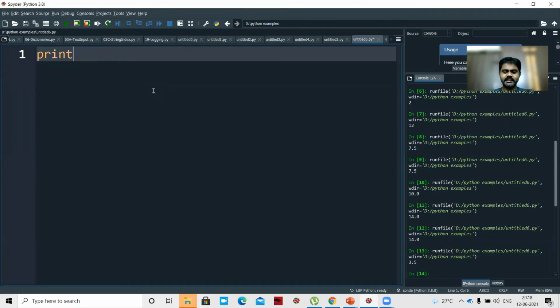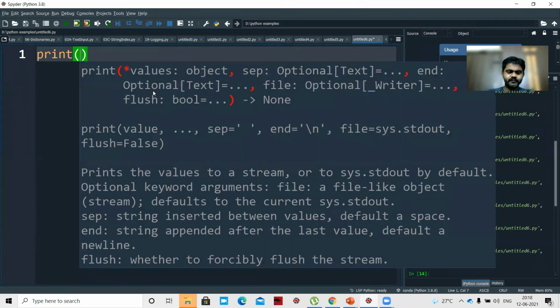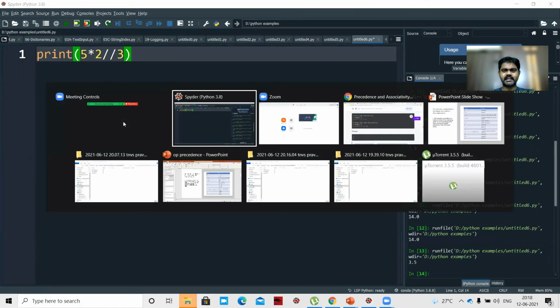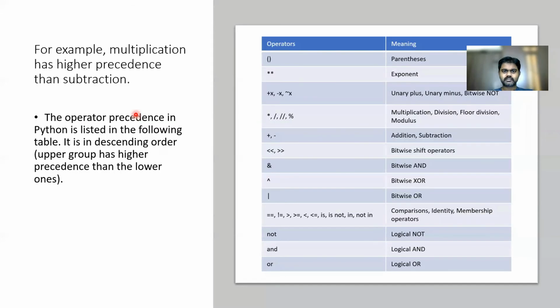For example, if I say print, both have the same priority. If we see the table, floor division and into have the same priority. But we should evaluate it from left to right.